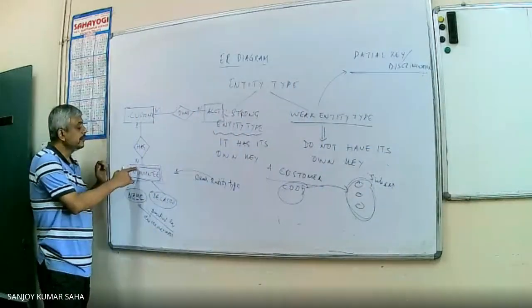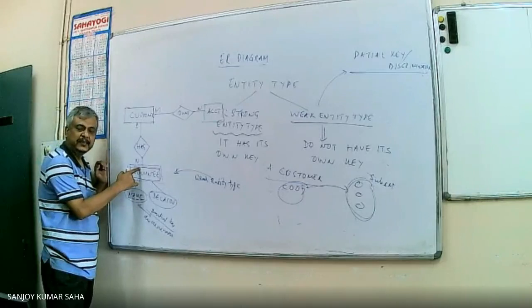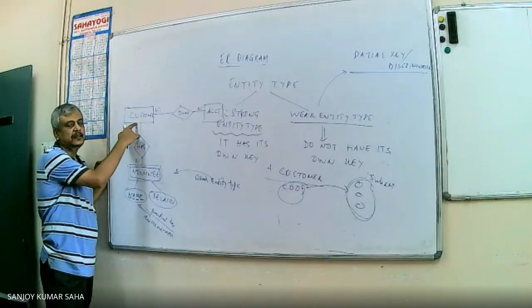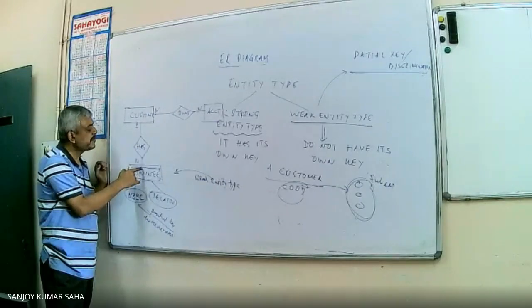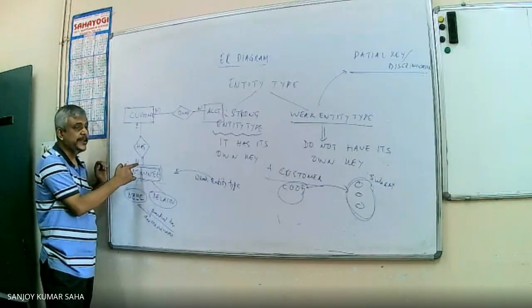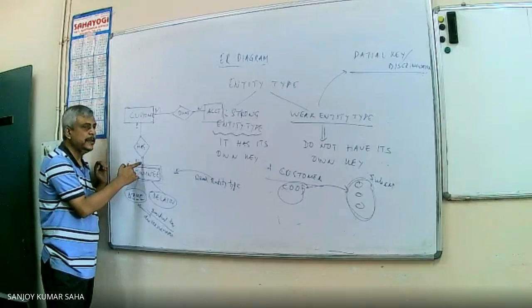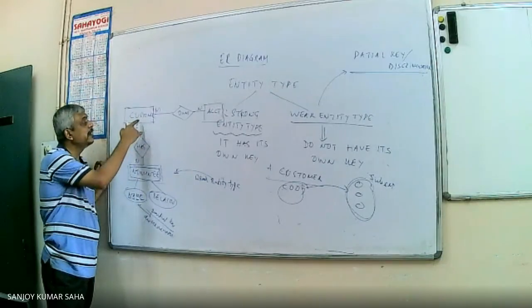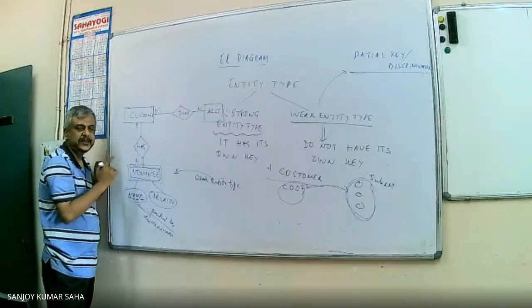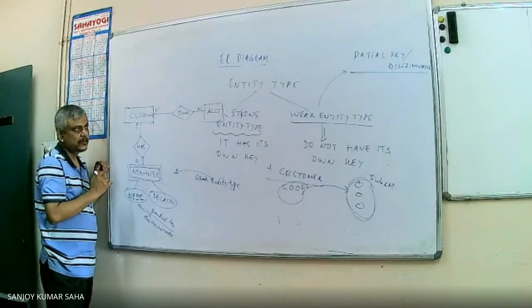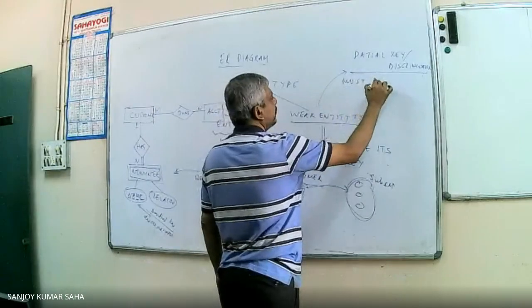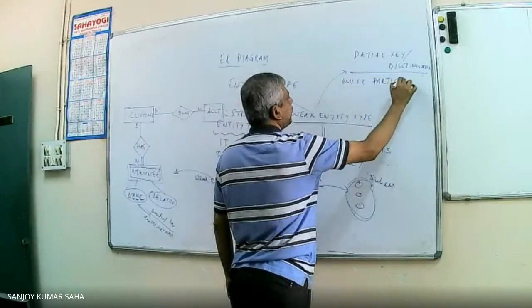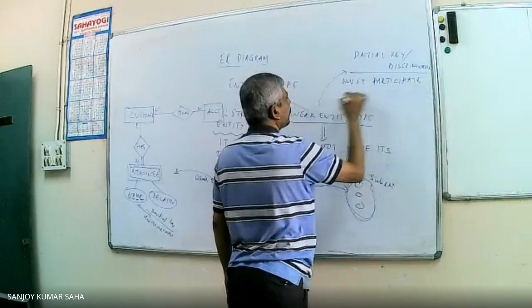Now see, it must totally participate in the relationship. So the weak entity type must totally participate in the relationship with the entity type on which it depends.